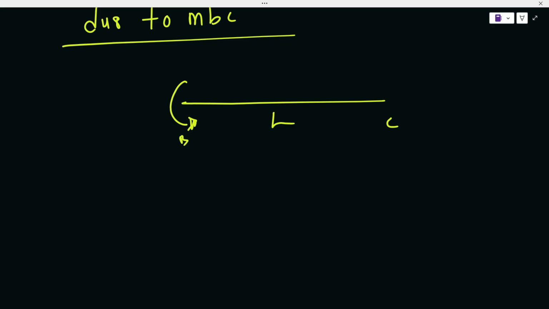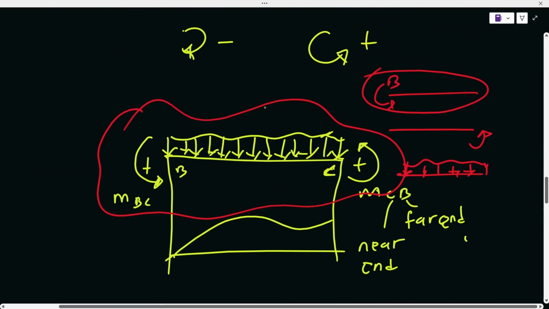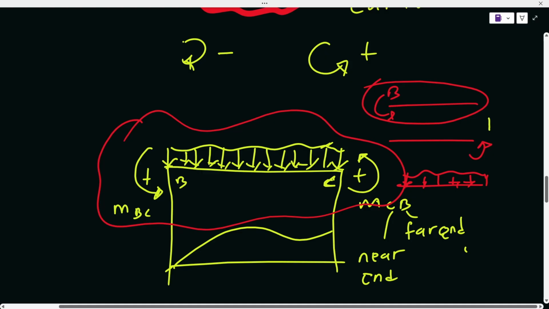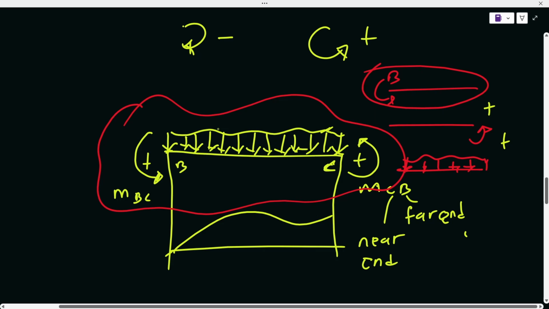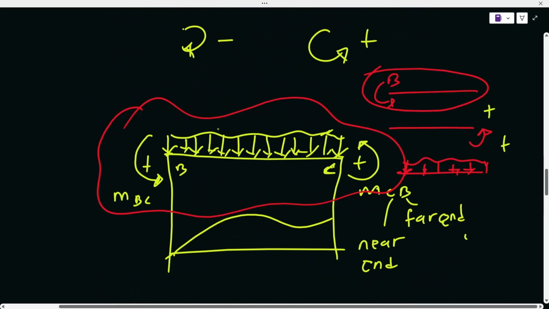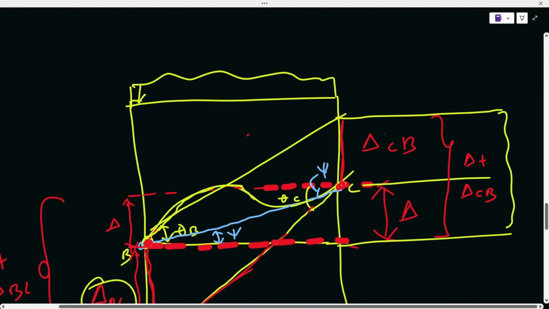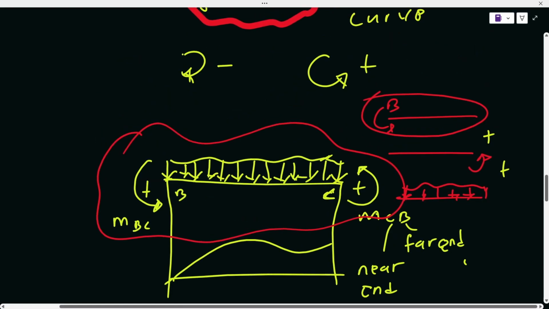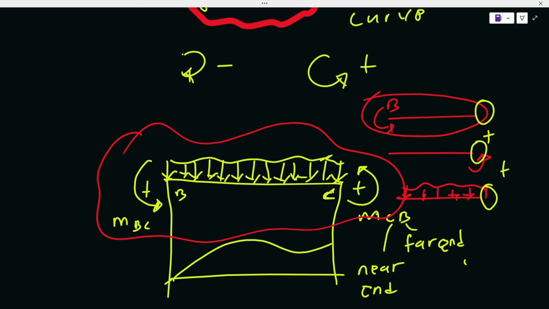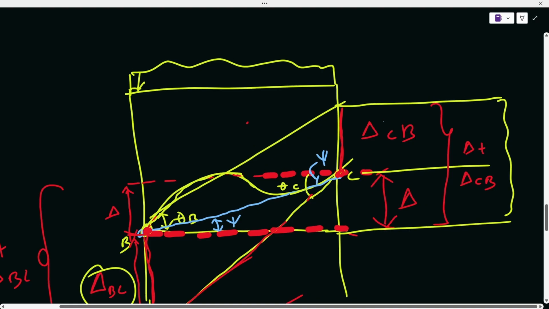Once again, why am I adding these structures? Because I know that any deformation, for instance the total deformation I have here, maybe delta plus delta CB, when I had the deformation I get here, and here, and here, for these three members, it must give me delta plus delta CB at C.